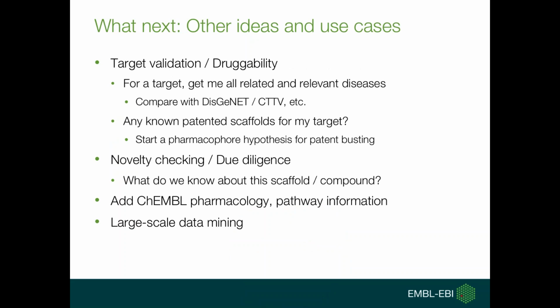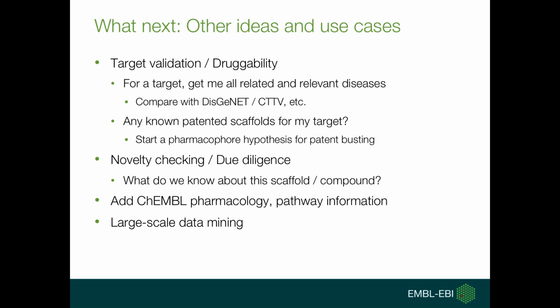Other things that you could do, for example, you could add calls to the Open PHACTS API into your own workflows and pipelines. For example, you could have druggability or target validation use cases whereby you start with the target, you find all the patents, from these patents you get all the relevant diseases, and you try to find links between targets and diseases.